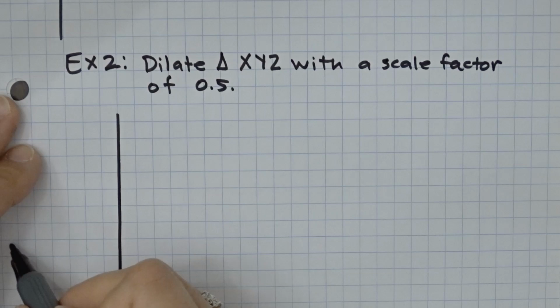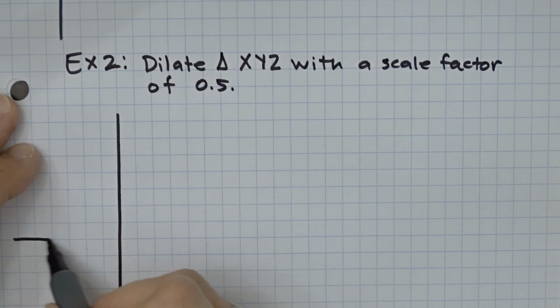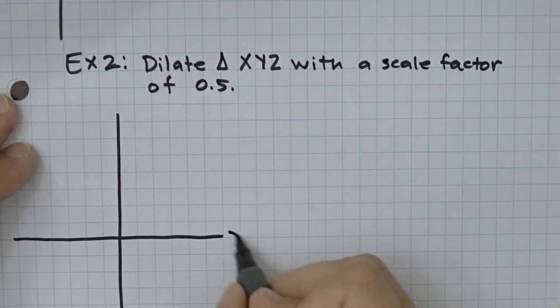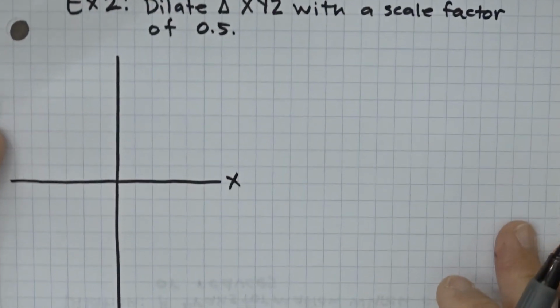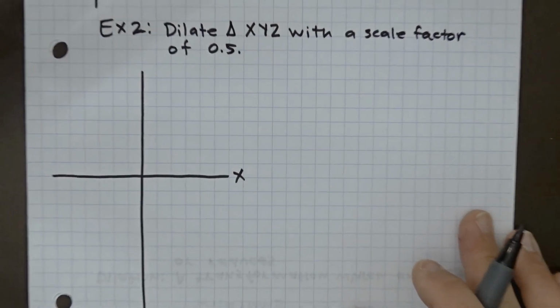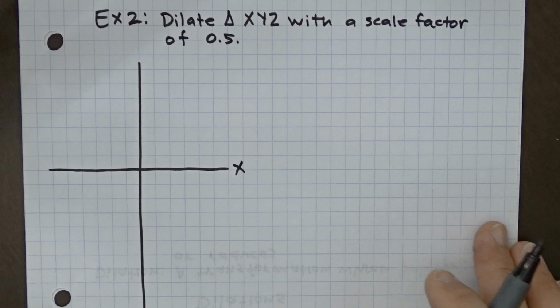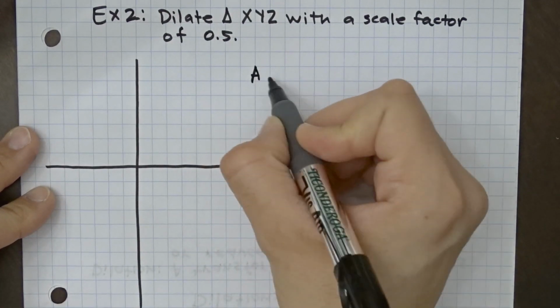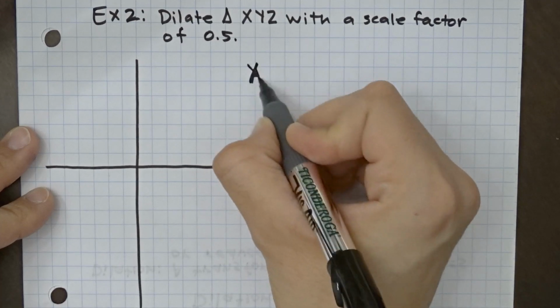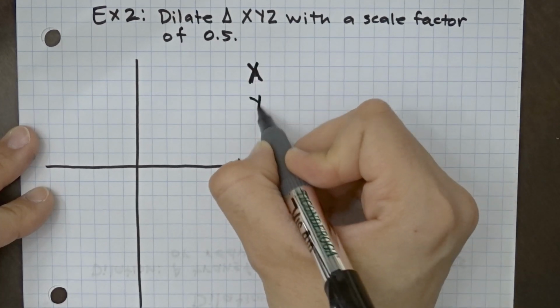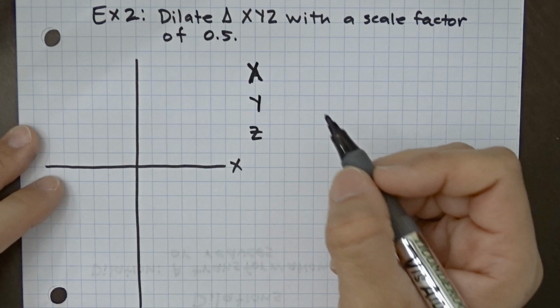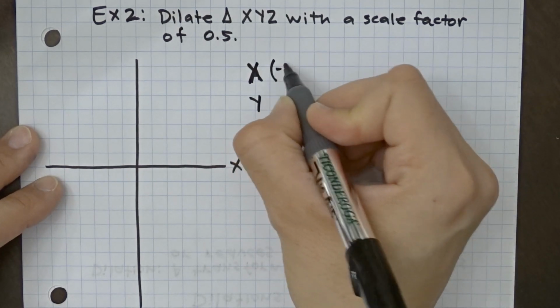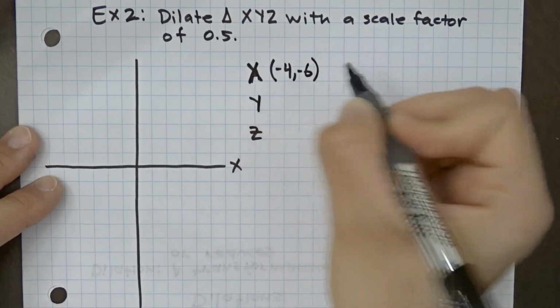I'll just use the whole thing. X, Y. And our points will be X, Y, and Z. X will be -4, -6.